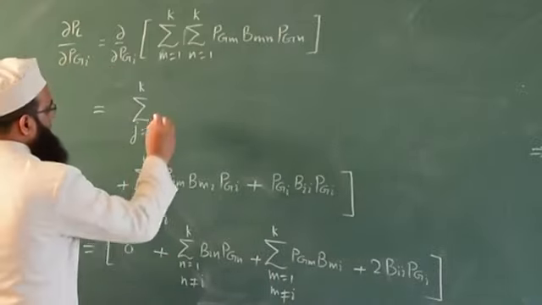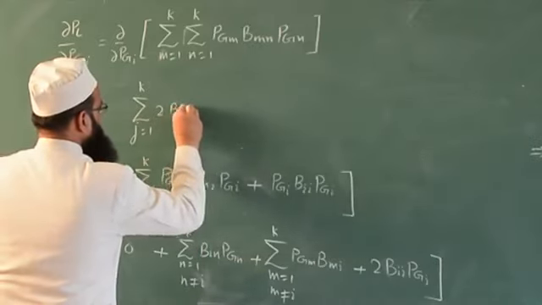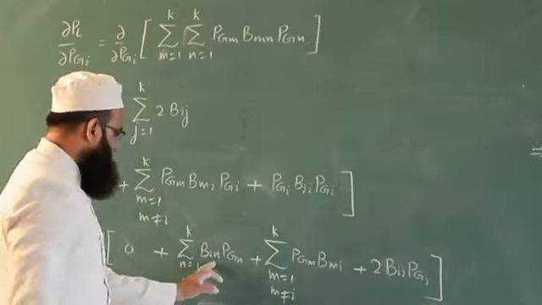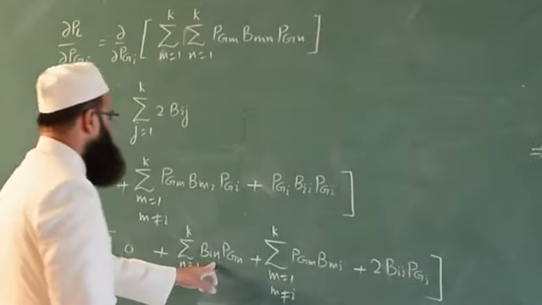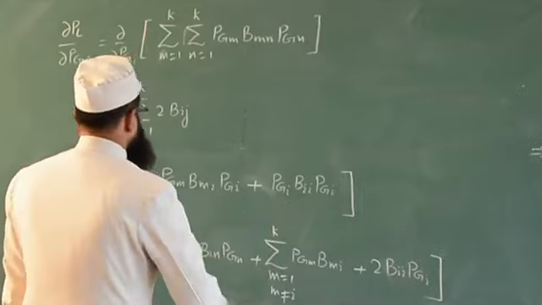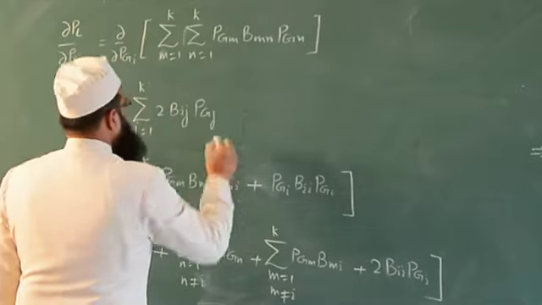So we can write twice B_ij P_Gj, because B_in is equal to B_ni, B_12 and B_21 are same.